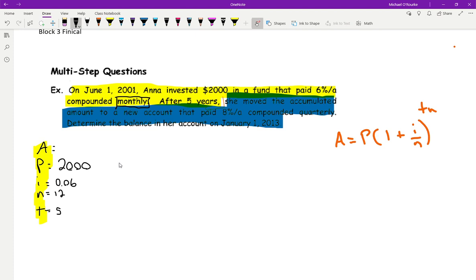So let's work through this then. 2,000 bracket 1 plus 0.06 divided by 12 to the power of 12 times 5. Okay? Now I'm going to leave this up here, and I want you guys to find the answer on your calculators before I answer it fully. Okay?